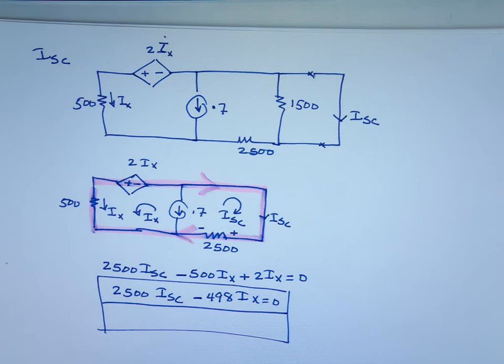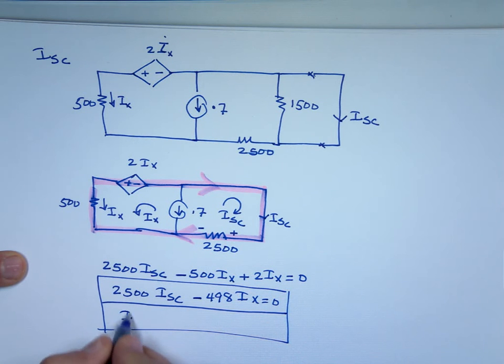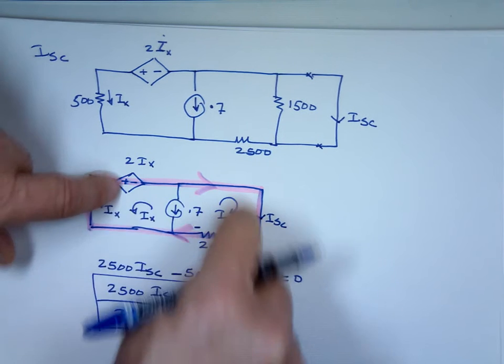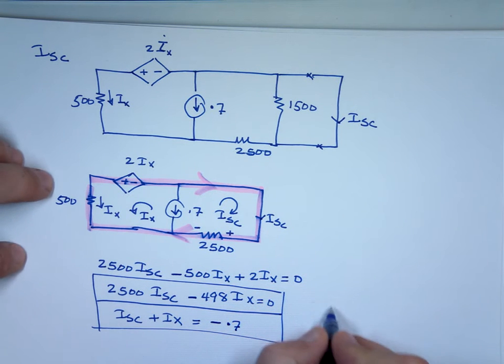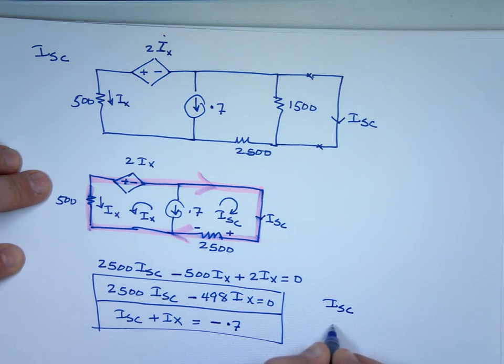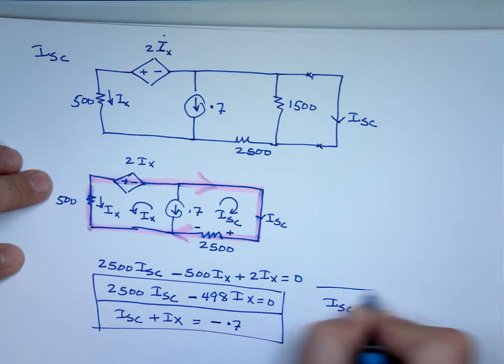And again, what's my second equation? If I take I short circuit and add to it I sub x, they're both pushing up through this one, coming up, should equal what? Negative 0.7. So now I can solve for I short circuit and I sub x. I could care less about I sub x, but the one I need is I short circuit.